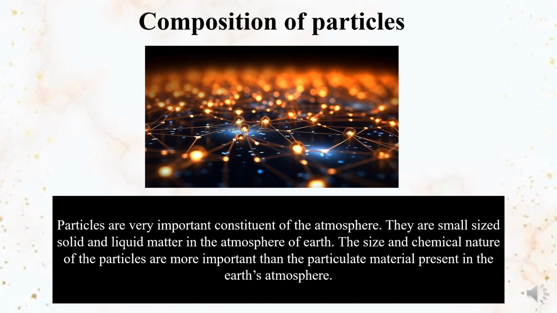Now, the formation of particulate matter: one is inorganic particulate matter, in which metal oxides form a major group of inorganic particles in the atmosphere. They originate from fuel combustion. Then organic particulate matter, which is organic in nature and is obtained from a number of sources such as emission from vegetation, automobiles, combustion of fuels, etc.